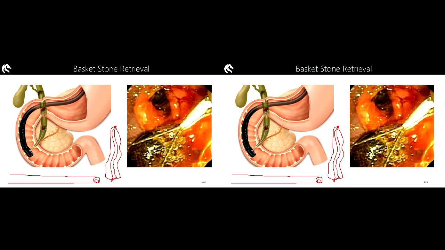Okay? So, how do we remove stones from the common bile duct? If you've got a rock, then you use a cage or a basket to take it out. If you have got any type of stone, however, a balloon can potentially pull it out.